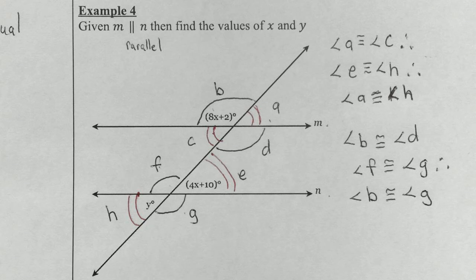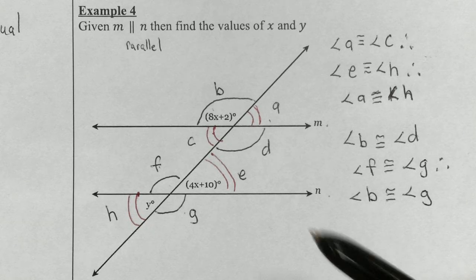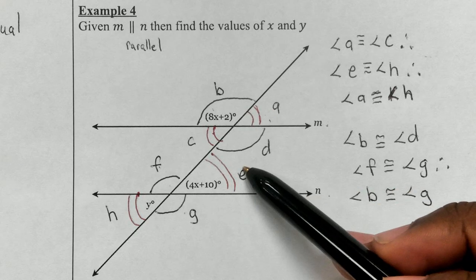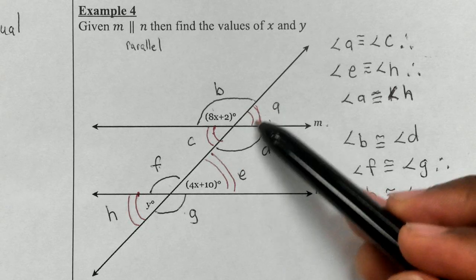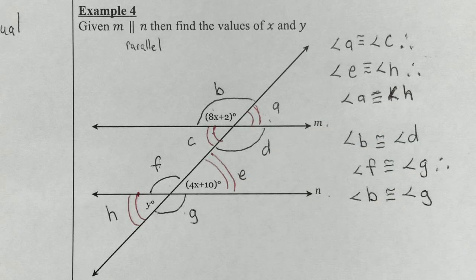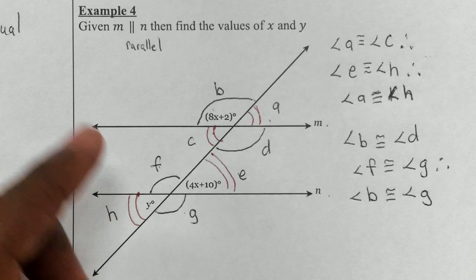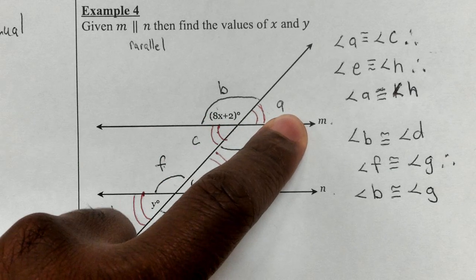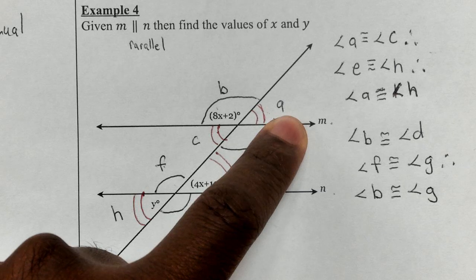Okay? So we need to try to find the value of X using this concept. So if this is equal to this, so A is also equal to E, because they're both similar in measuring angle, okay, then we could essentially say that this right here is a straight line and it measures 180 degrees.